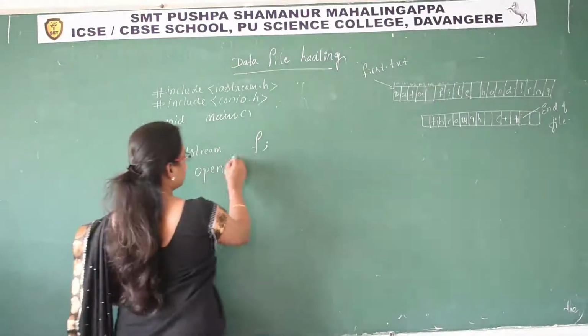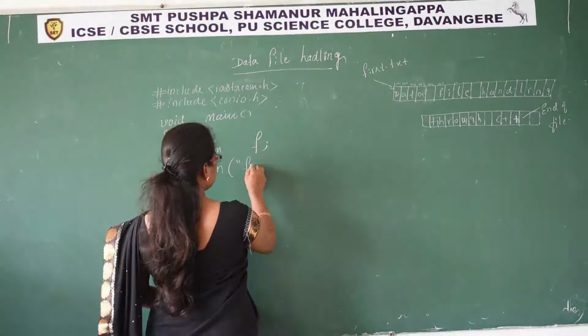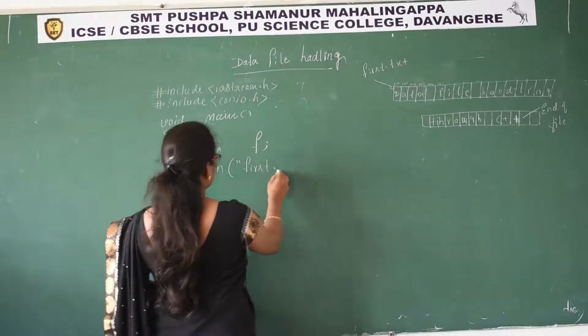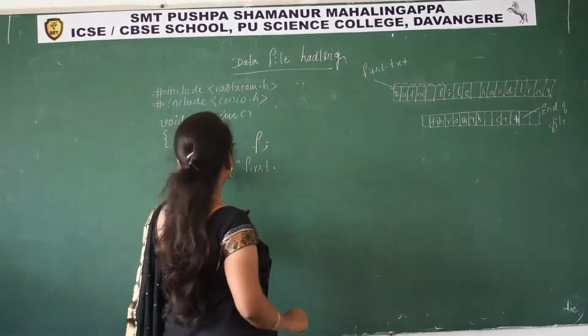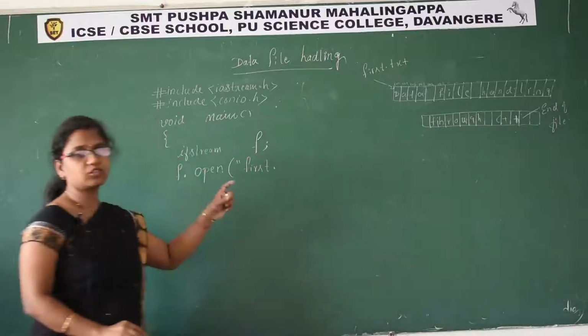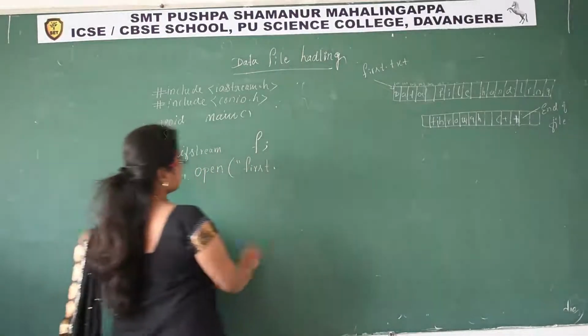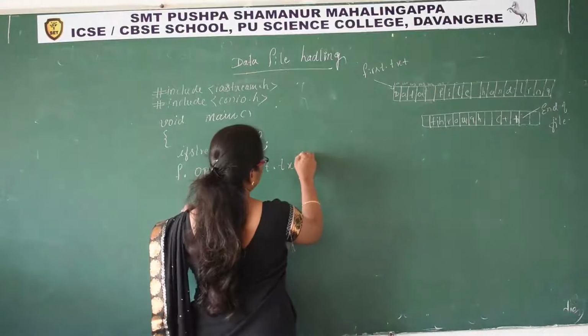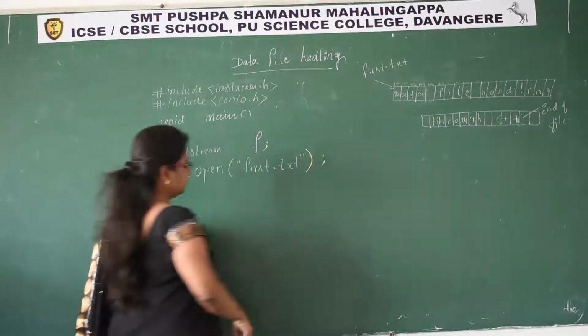It takes two arguments, one is the file name, another is the mode. Here the mode is optional because this program is about to fetch data from the file. first.txt, semicolon.